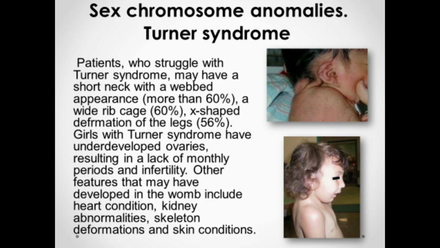Other features that may have developed in the womb include heart conditions, kidney abnormalities, skeleton deformations and skin conditions. However, the intellectual development of those patients is normal for their age. Their bone development, both chondral and periosteal, is impaired.